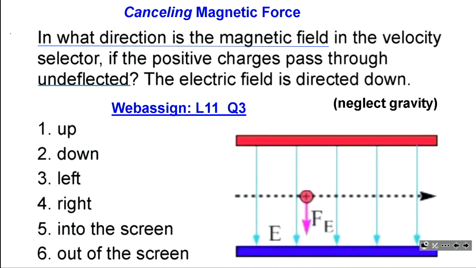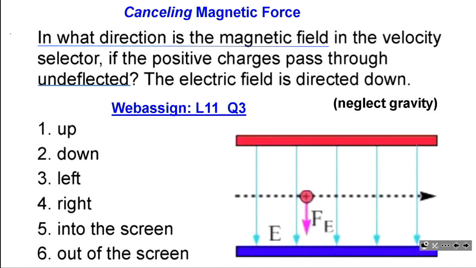So, how does the force point? The force which cancels electric force. If it would be pointing to the right, it wouldn't cancel electric force. It would still move, well, like this. You have to cancel electric force.